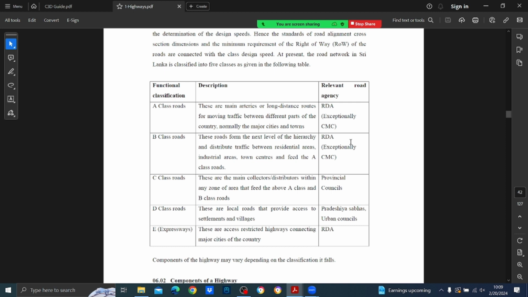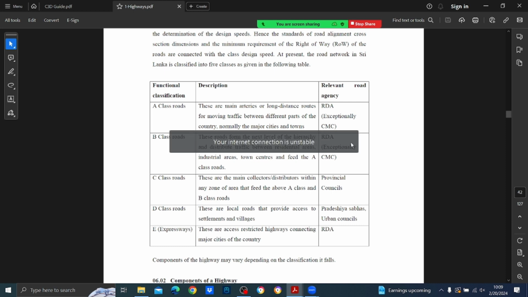A and B class are usually handled by RDA, and exceptionally CMC. Why is that? Because CMC has a very large engineering staff, so they decided, okay, we are going to do our stuff. So we gave them away, and now again we are trying to grab them back.